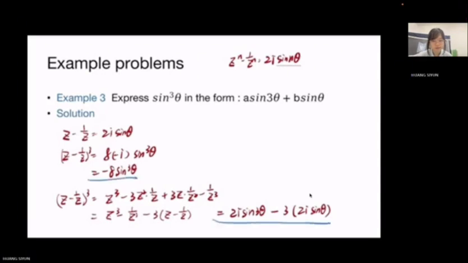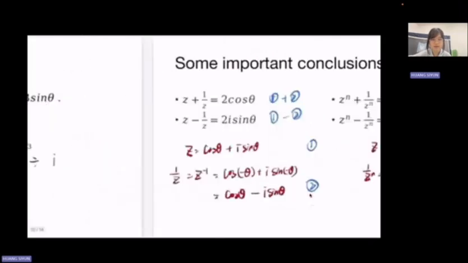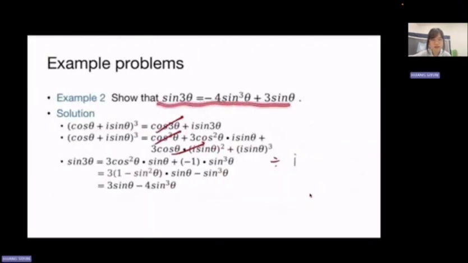And so we have sine cubed theta equal to 2i sine 3 theta minus 6i sine theta over negative 8i. So we can have this. And this identity is the same as the previous one. That's very interesting.